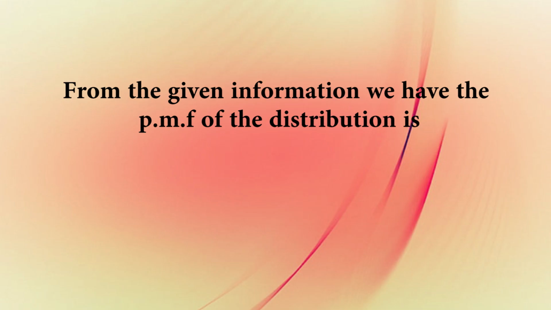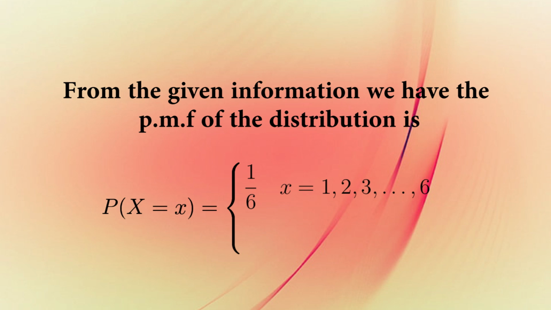From the given information, we have the PMF of the distribution is probability of X equal to x is 1 by 6 for x equal to 1, 2, 3, 4, 5, 6 and 0 otherwise.